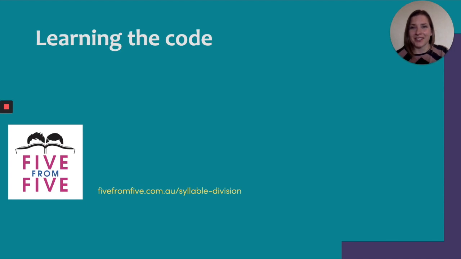Now Louisa Moats says that blends should not be taught as a single sound in phonics instruction for reading and spelling. And these numbers have come from the excellent 5 from 5 website, and the link's just there for you. So we know we have 44 speech sounds in English, or 44 phonemes. That's 24 consonant sounds and 20 vowels.